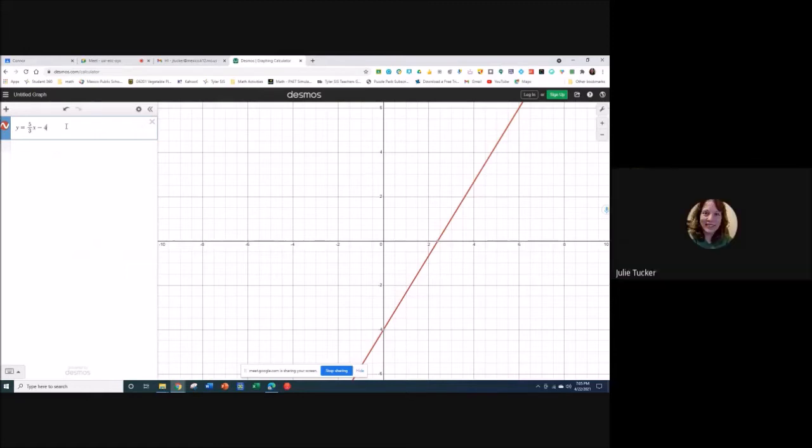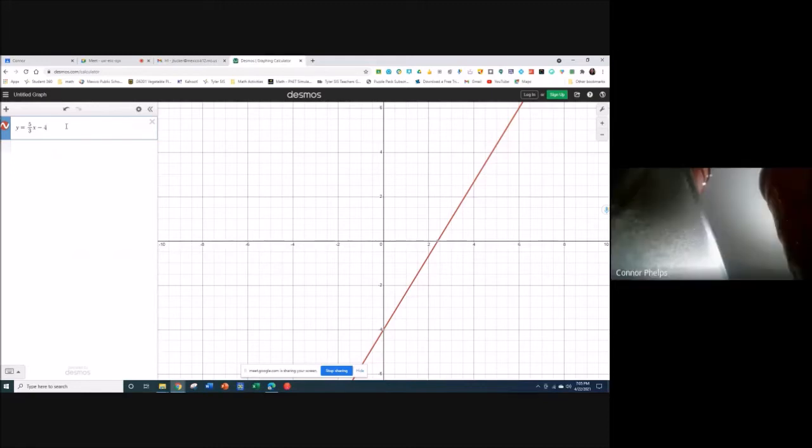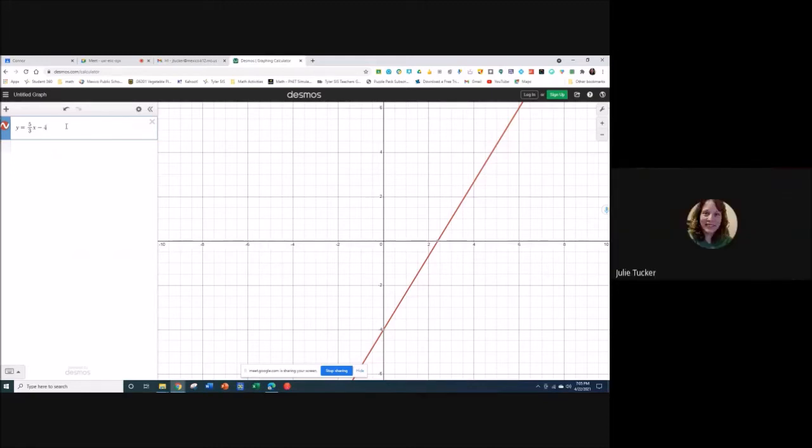So if it worked right, you should see a line that looks like it has a positive slope, and it should have a y-intercept at -4. So hopefully that's how your line looks. That's what my line looks like on my screen too.